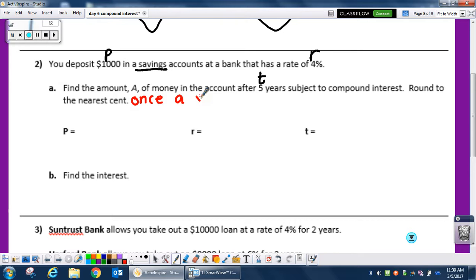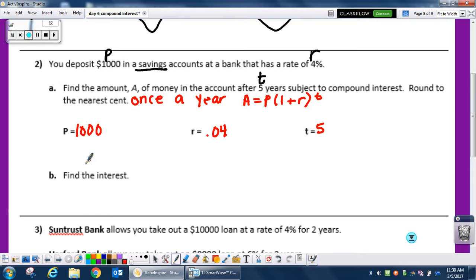So that will tell you the formula to use is just A equals P times 1 plus R to the T power. Okay, so your principal is going to be $1,000 that you're putting into the account. The rate is 0.04 and the T is 5.